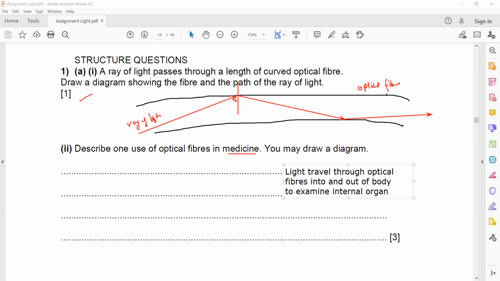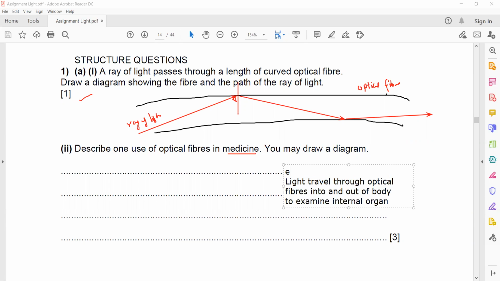So first, you can mention the name of the technique, endoscopy. And then light travels through optical fiber into and out of the body, and it is used to examine the internal organs.